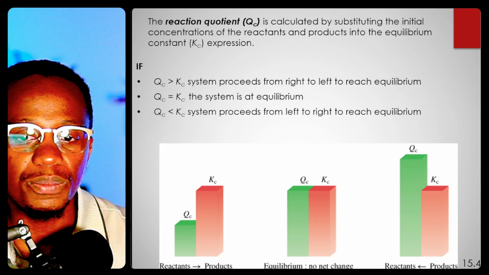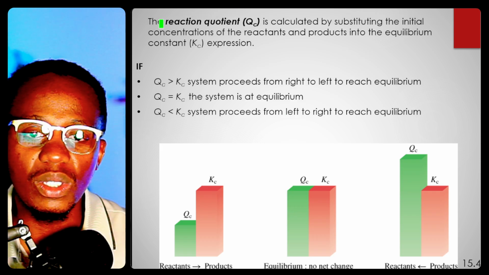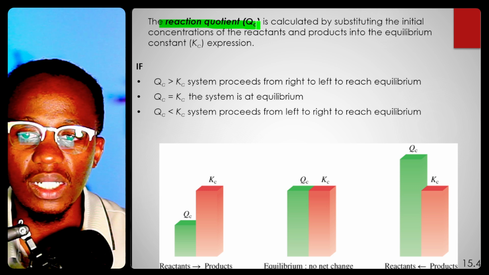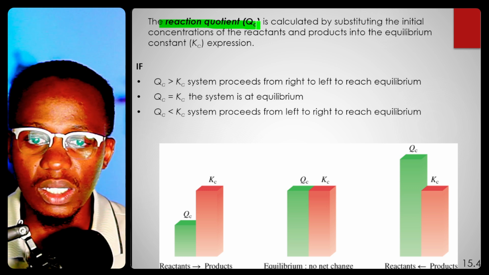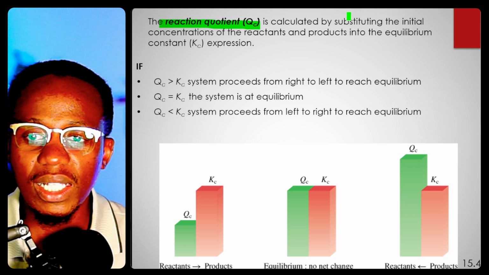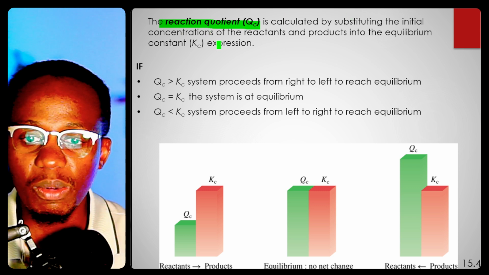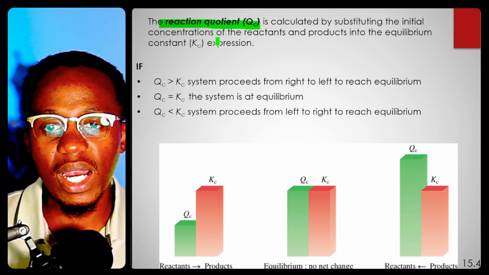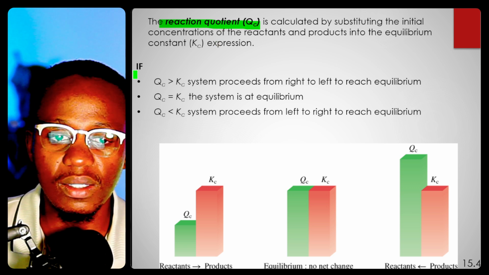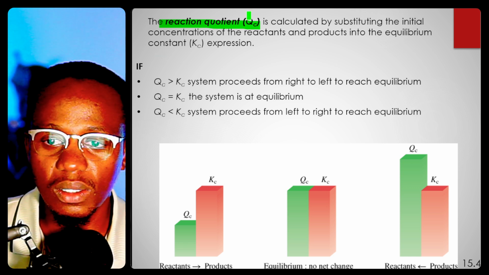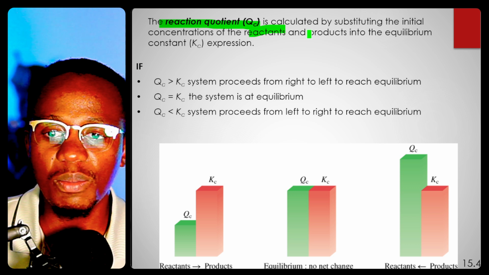All right, so another term is called the reaction quotient. The reaction quotient is calculated by substituting the initial concentrations of the reactants and products into the equilibrium constant expression.